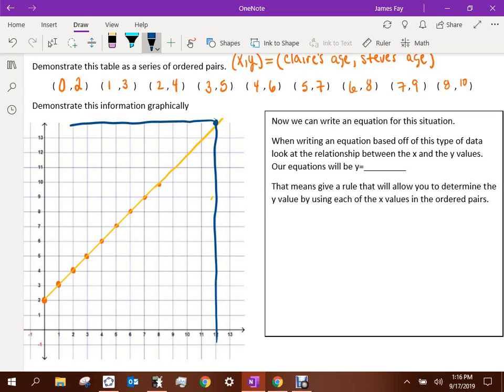Will that tell me how old Steve is? 14. Steve would be 14. Does that make sense? So that's the benefit of being able to graph data points and then extend the line to project future data points.